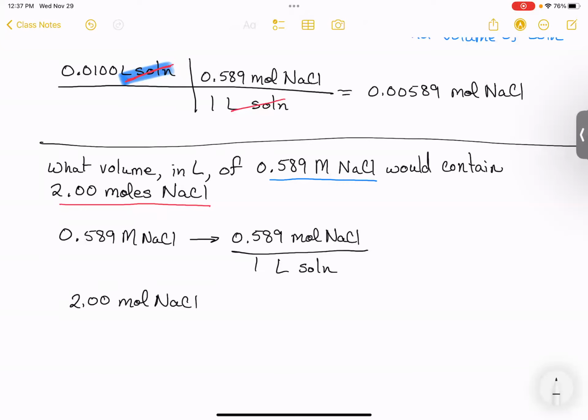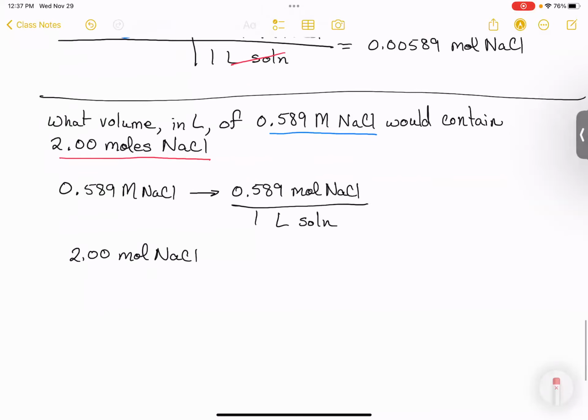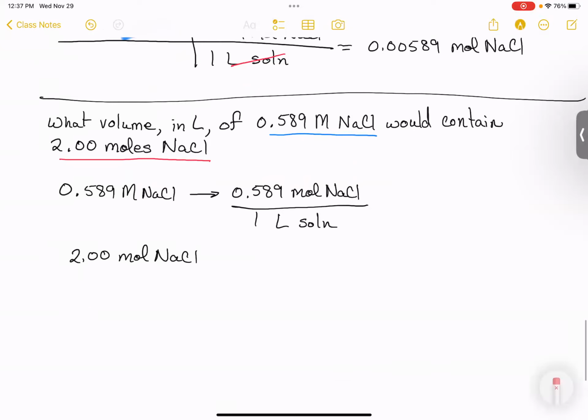If you have a choice, always start the calculation with a number that has only 1 unit. So I am going to start with the 2 moles of NaCl, and I am going to be converting that into liters of solution.